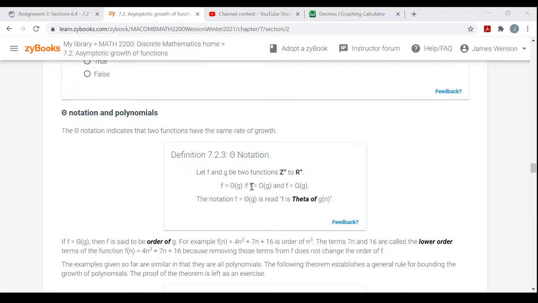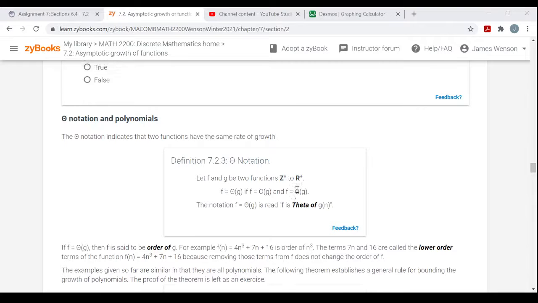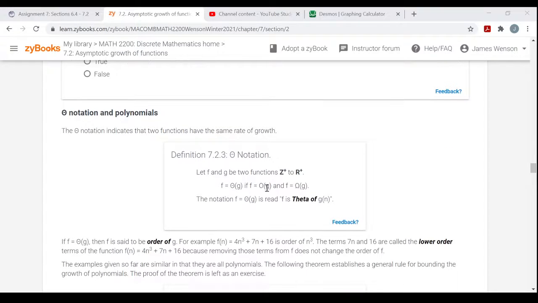So if you want to prove that a function is theta of g, you need to prove both of these: that some positive multiple of g is eventually larger than f, and that some positive multiple of g is eventually smaller than f. You know, greater than or equal to, less than or equal to. I keep saying larger and smaller, but really it's greater than or equal to, less than or equal to.